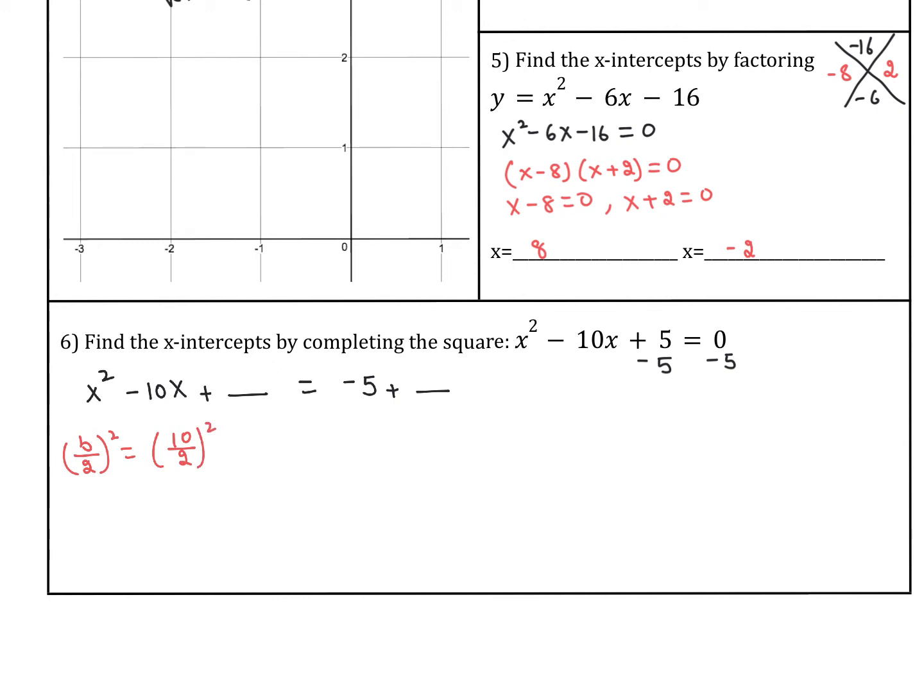It doesn't matter because when you square it, it's going to be positive anyway. So 10 over 2 means 5. 5 squared is 25. So you're going to add 25 on both sides. So that's going to be 25 and 25 here.